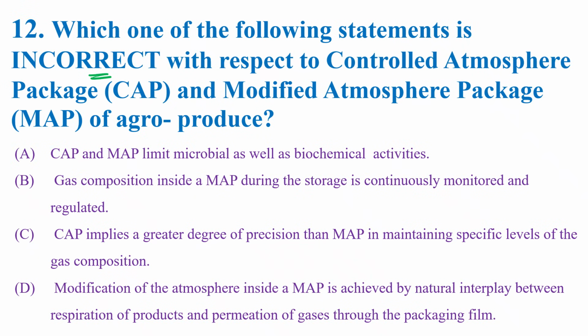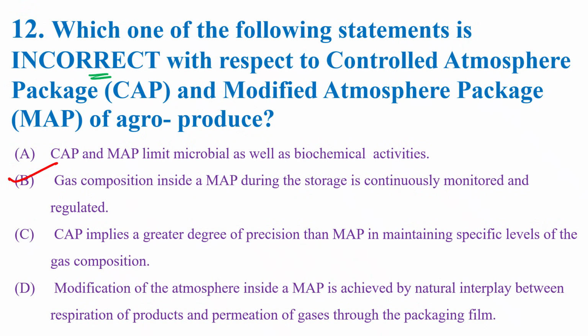Whereas controlled atmospheric packaging will actively control and maintain precise gas levels throughout the storage. So option B is my incorrect statement, whereas the other options are true: both CAP and MAP slow down the growth and the biochemical reactions. Yes, this is true. And CAP is more precise than MAP in gas regulation.